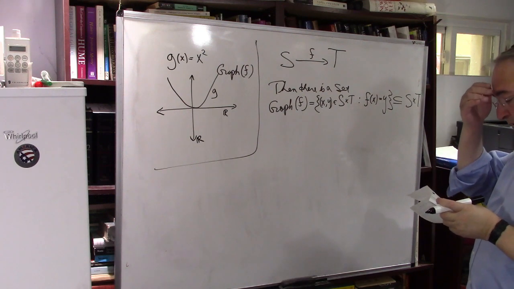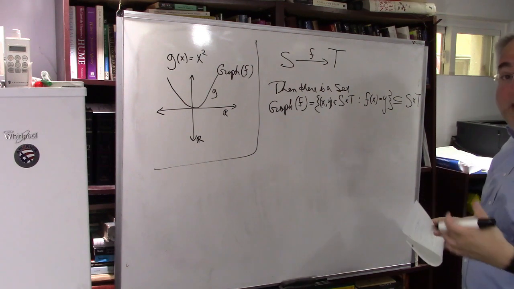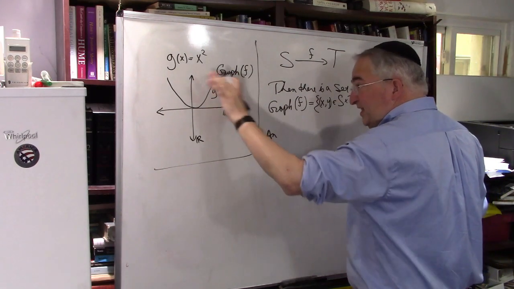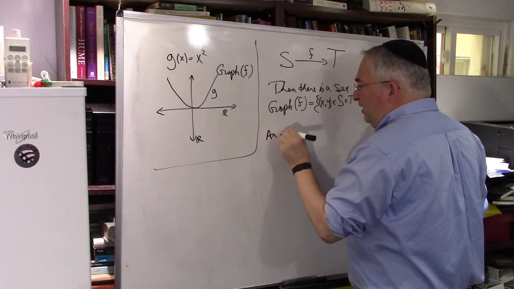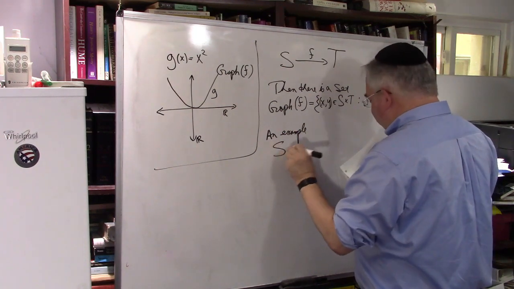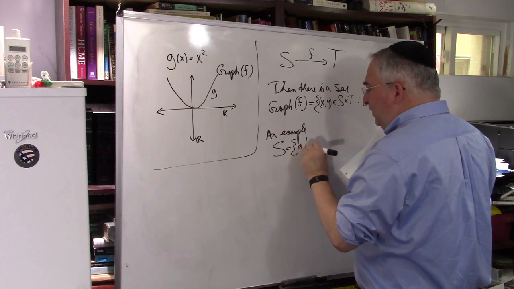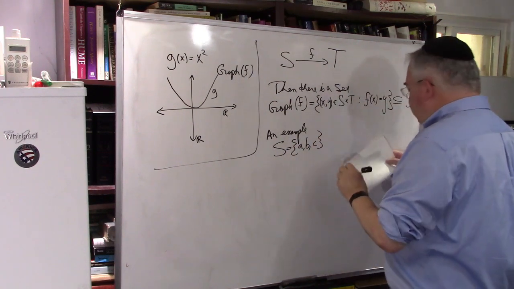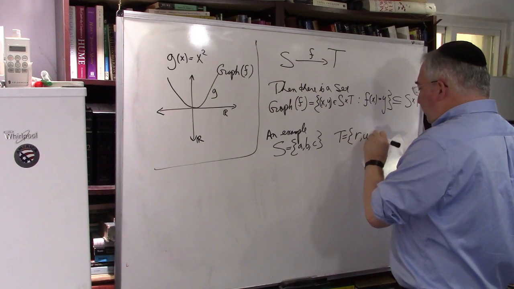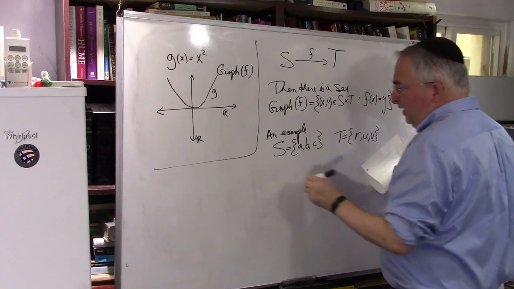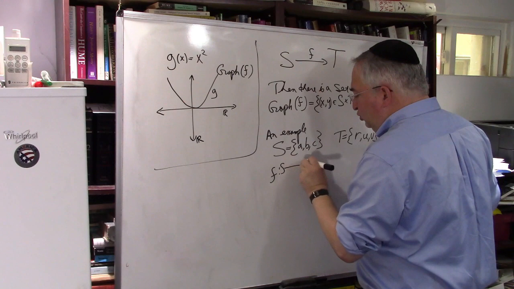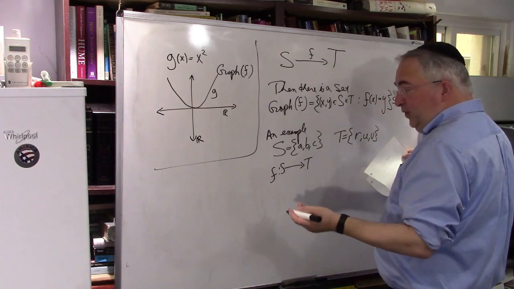Okay, great. Let's do a baby example of this. You're going to have S equal to the set A, B, C. You're going to have T equal to R, U, V. Now you have a function f from S to T, and I have to tell you what its value is.